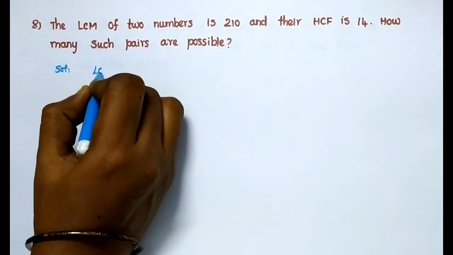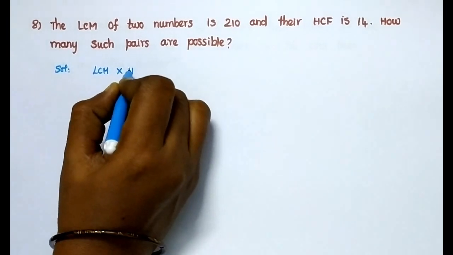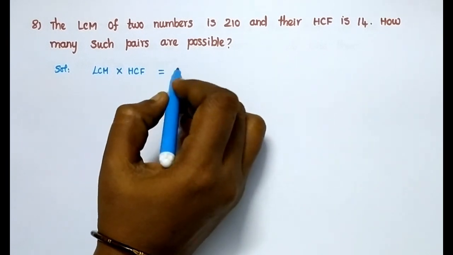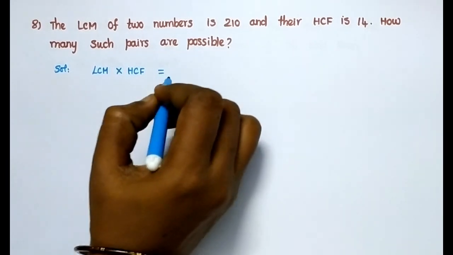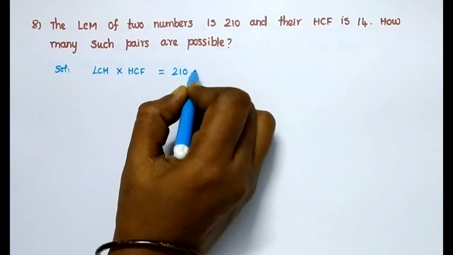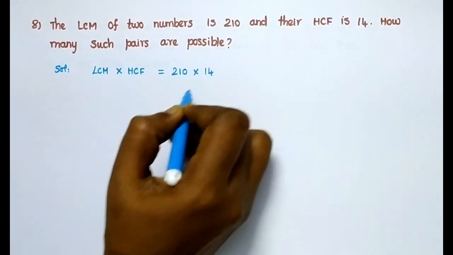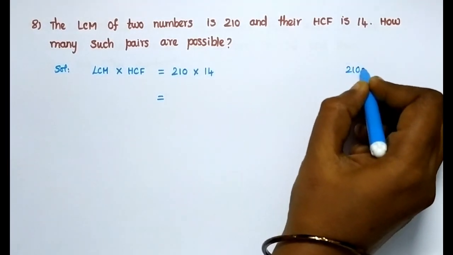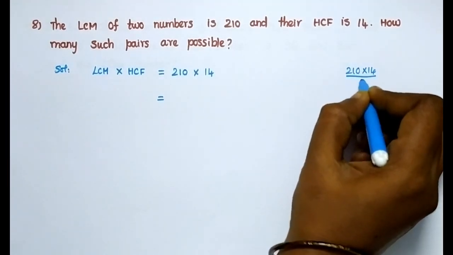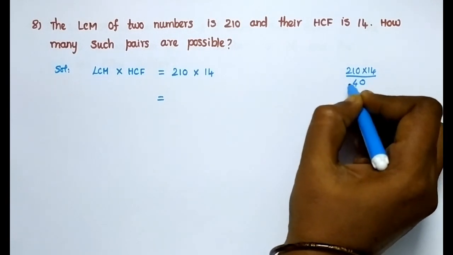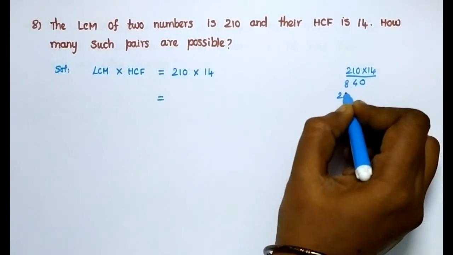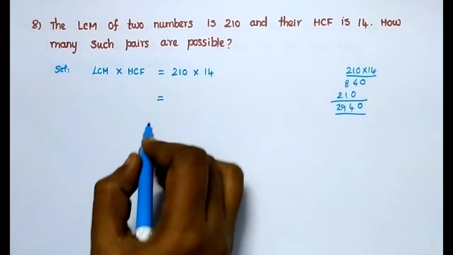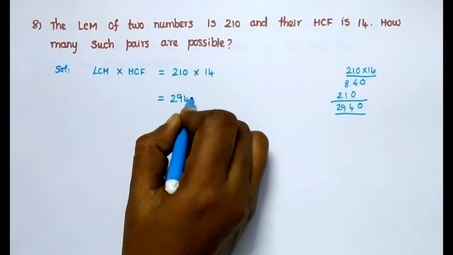Multiply that LCM into HCF equal to 210 into 14. How much is this? 210 into 14. 4, 8 and 210. So 2940.